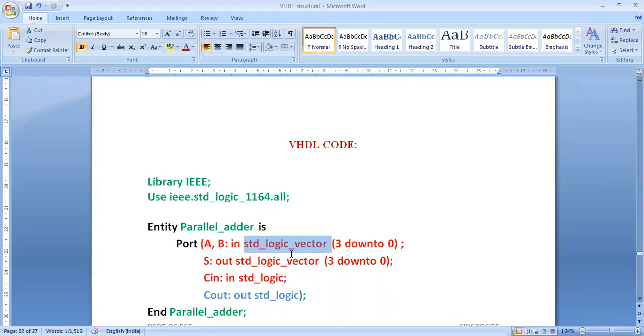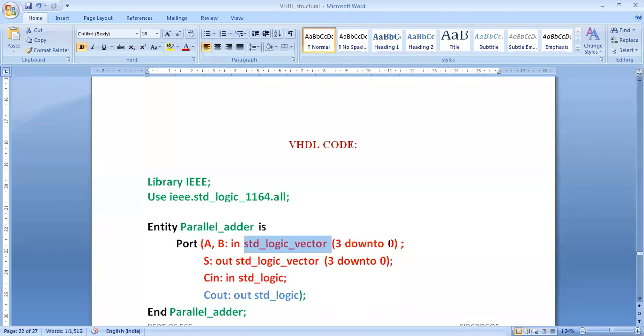Operand means multi-bit length, right? What is the size? 4-bit. So that's why I have taken 3 down to 0. Which means that A3 is the MSB bit, A0 is the LSB bit. B3 is the MSB bit, B0 is the LSB bit.